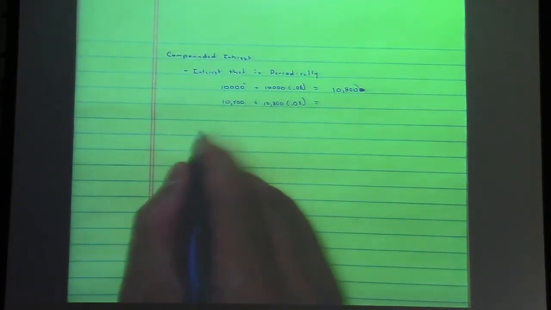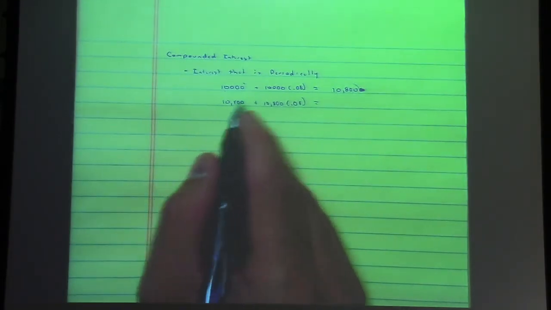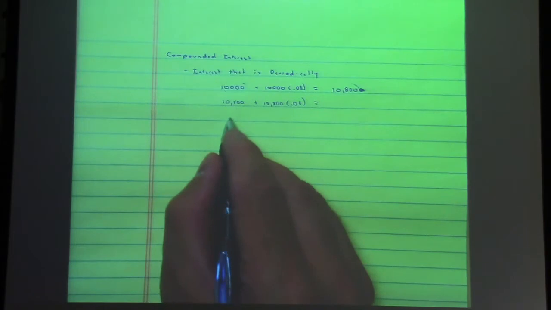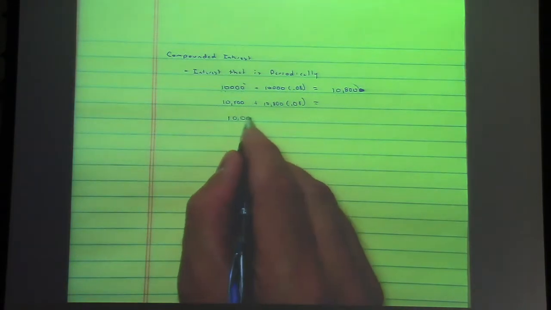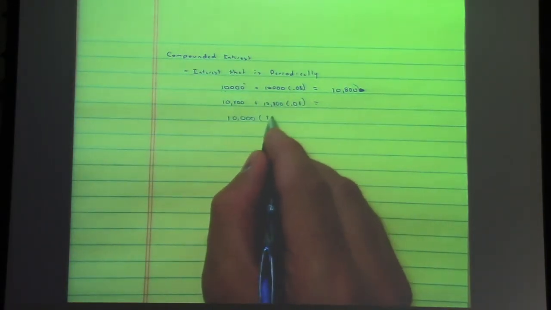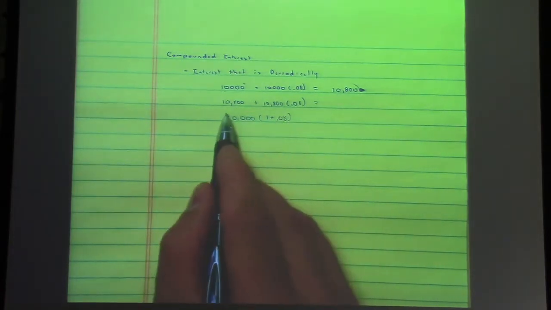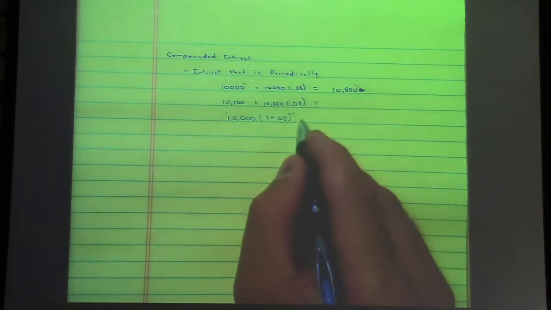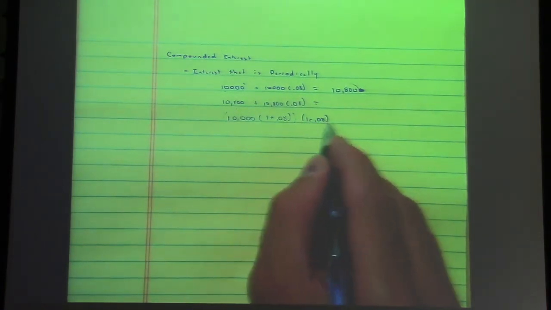In order to do this, one of the easiest ways to express this, if we wanted to factor out the 10,000, is 10,000 times 1 plus 0.08. And in the second year, we're going to be taking that quantity and multiplying it by the 1 plus 0.08 again.